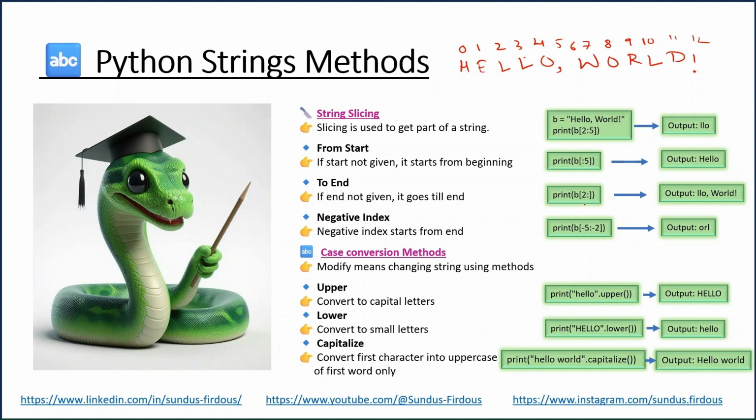So it will start from 2 and go till the end, which means it will go till the exclamation mark. It starts from the second index: L, L, O, comma, space, W, O, R, L, D, exclamation mark. This is how I will get my output.